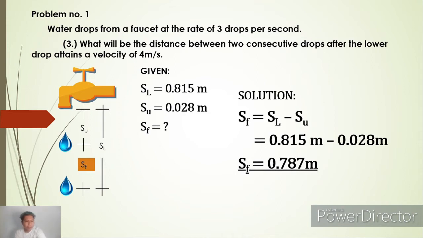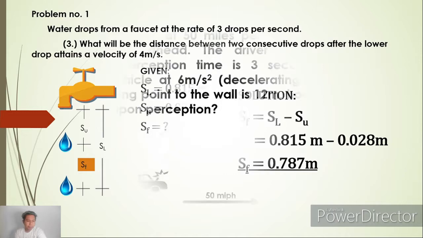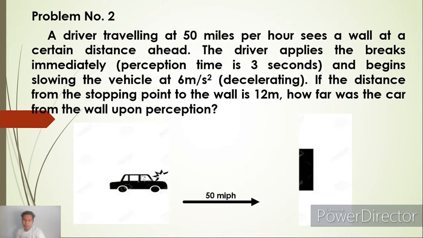Okay, here we go for question number 2. So, question number 2 is quite tricky. Kasi isang problem lang or isang tanong lang siya pero napakaraming hahanapin. Sabi dito, a driver traveling at 50 miles per hour sees a wall at a certain distance ahead.